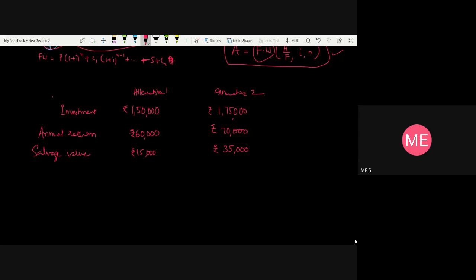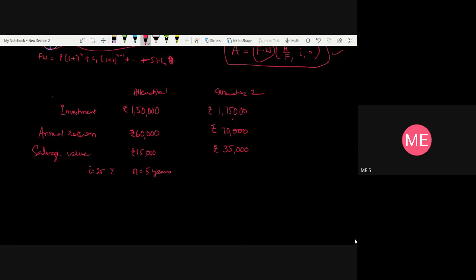This is the data given, and I'm taking I is equal to 25%. The rate of interest is 25%, and the estimated life of both alternatives is 5 years.